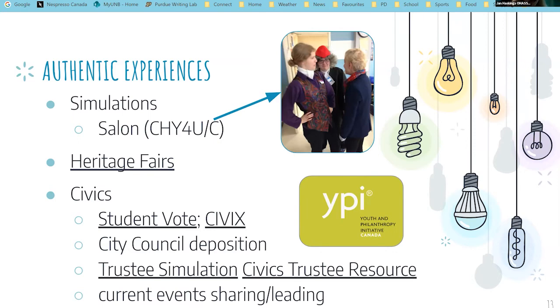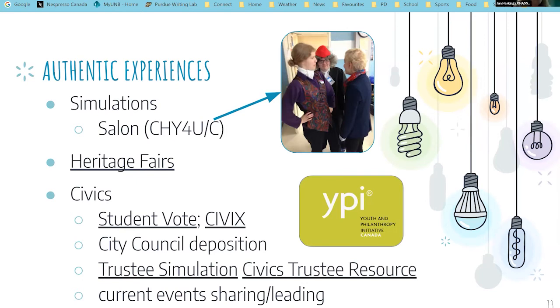There's civics. A city council deputation is where you can have kids pick an issue, and even go and present to city council about issues in your community and see if they will deal with it. You can do a simulation of it, or you can do it in real time, right? There are links here for a trustee simulation.